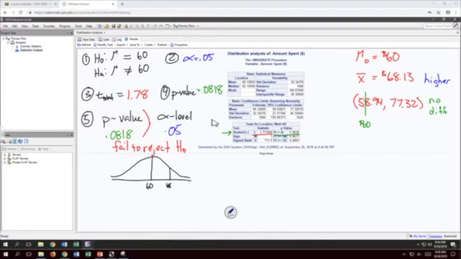So I'm saying that I've got an alpha, and even though we're looking at an alpha of 0.05, technically, because it's a two-tailed test, I split my alpha like this.